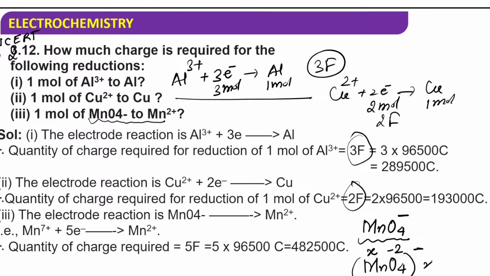So oxidation number is X minus 8 equal to minus 1. So X is minus 1 plus 8, means plus 7. So it converts from Mn plus 7 to Mn2 plus. So 7 plus to 2 plus. So 5 electrons are required.